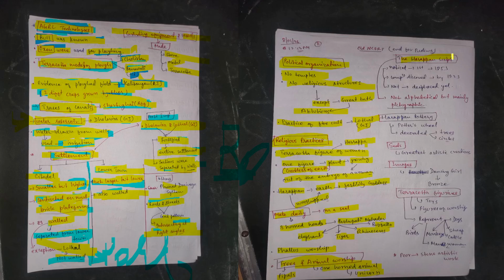Now the Harappan script was noticed first in 1853 and completely discovered by 1923. However, it has not been deciphered yet. It is not alphabetical but mainly pictographic. Harappan pottery, potter's wheel, decorated with trees and circles, seals, greatest artistic creations, images, dancing girl made of bronze.